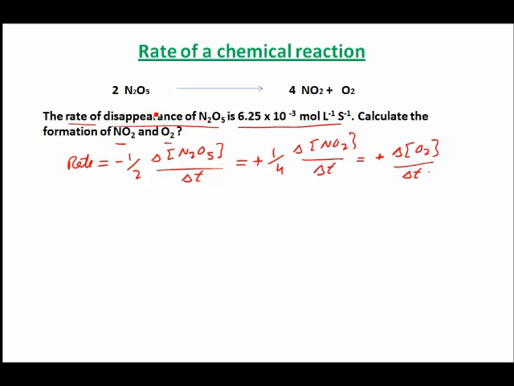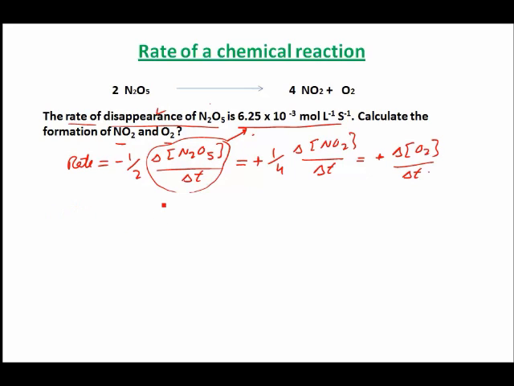The rate of disappearance of N2O5. We know this portion, and that is this much. We have to calculate the rate of formation of NO2 and O2.